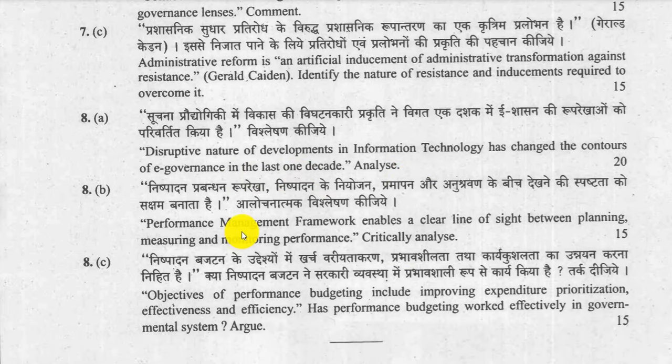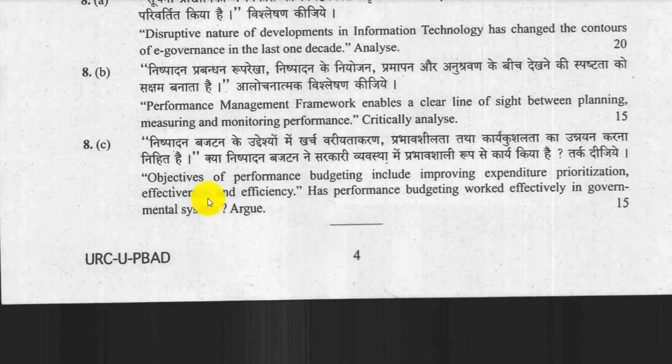Analyze. Performance management framework enables a clear line of sight between planning, measuring and monitoring performance. Critically analyze. Objectives of performance budgeting include improving expenditure prioritization and effectiveness and efficiency. Has performance budgeting worked effectively in governmental systems?